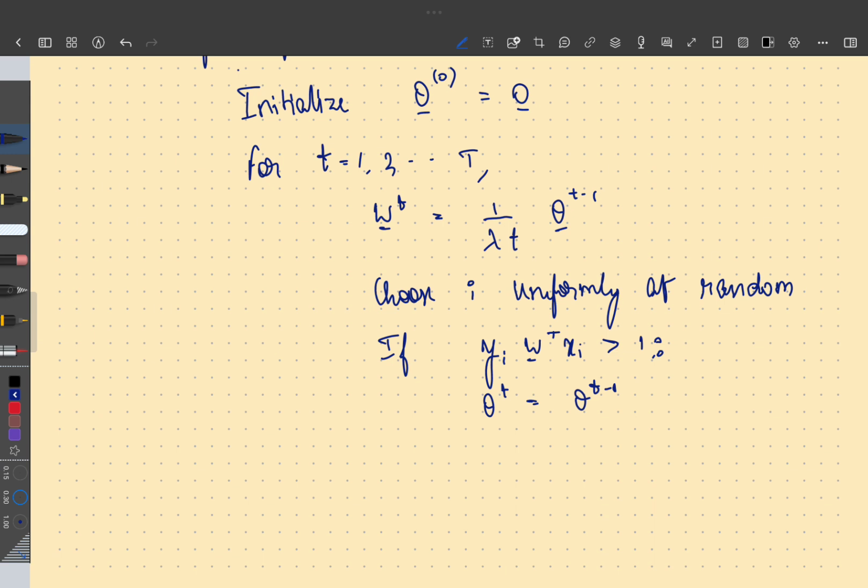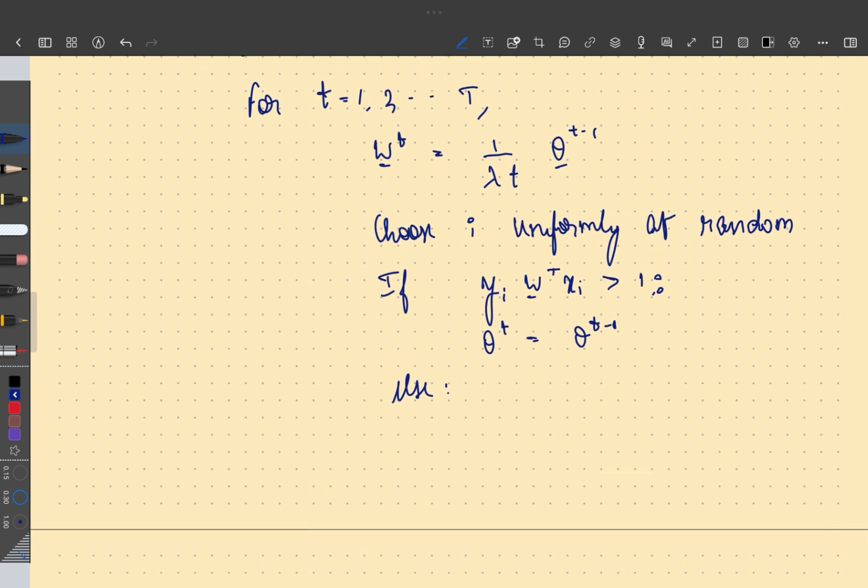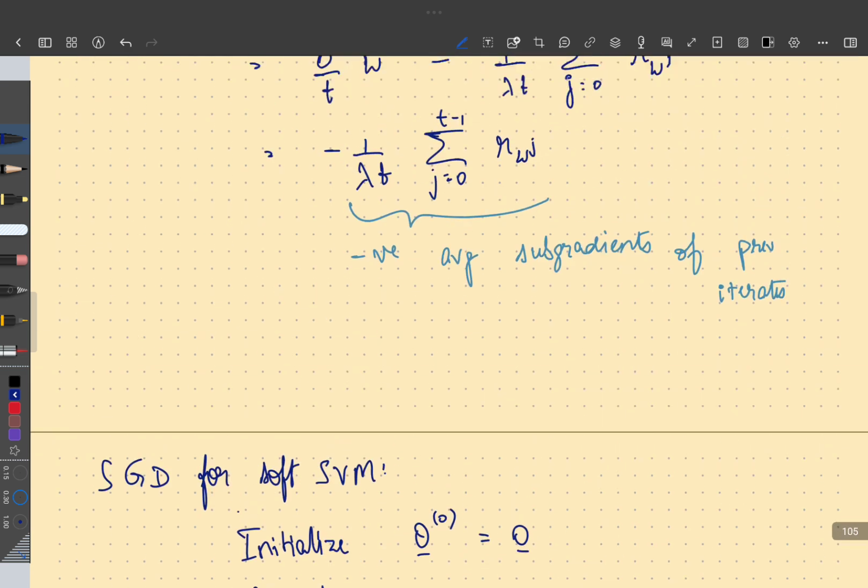So basically you pick a random data point, you see if this is being classified correctly with positive margin. If that is the case, then everything is good, so you don't change your predictor at all. If not, then you set theta_t to be equal to theta_{t-1} plus y_i x_i, right?